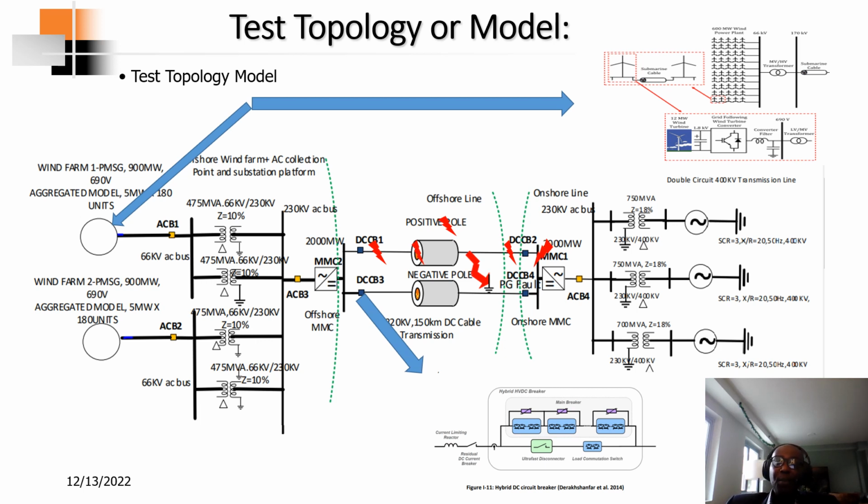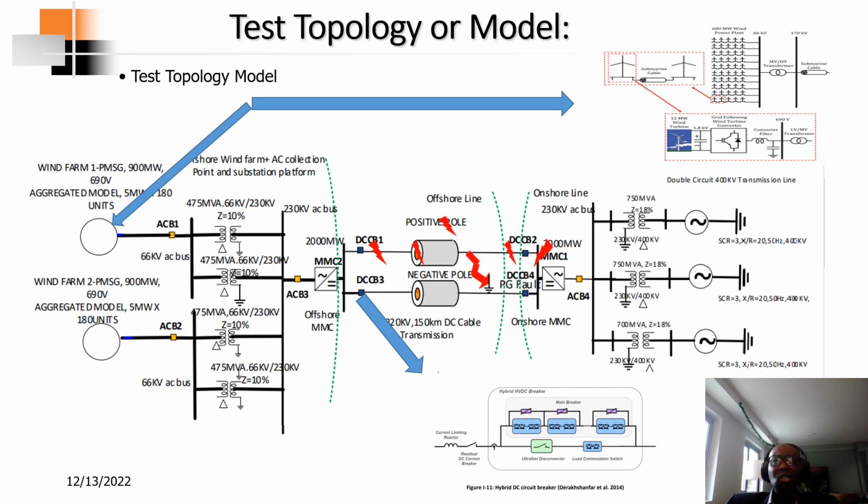So we have 3 parallel transmission transformers and transmission lines, and on the high side, the 400 kV transmission lines are 2 circuits that were modeled, and that integrates 3 parallel AC grids with a short circuit ratio of 3, X to R ratio of 20, a frequency of 50 Hertz, and a transmission voltage of 400 kilovolts.